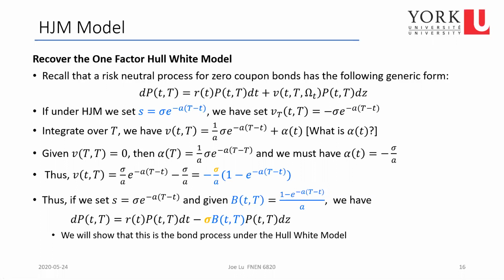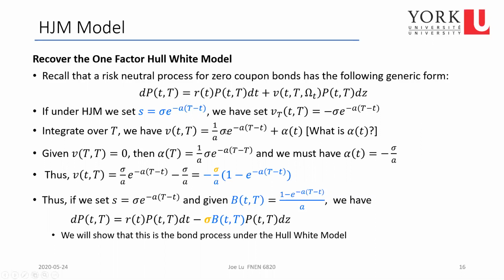Now we follow exactly the same approach from last time. We have to integrate over t and figure out that function alpha little t.